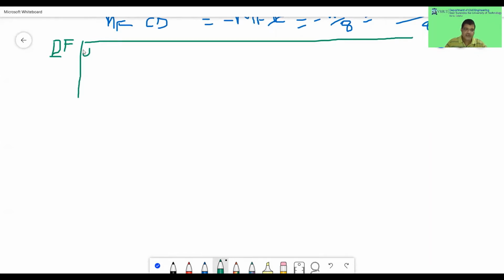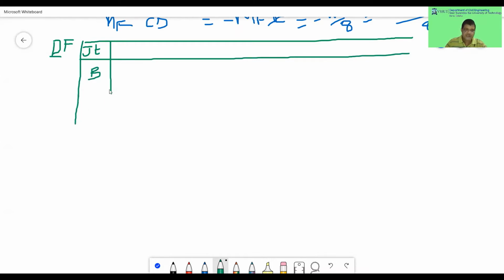Now we can find the joints. The joints are two joints, B and C. Joint B, then we have the joint C, right?